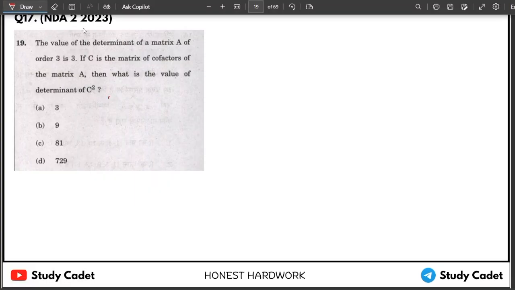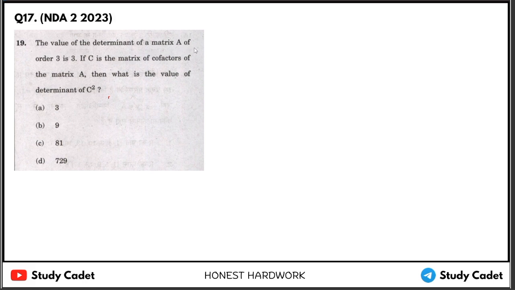Very easy question. The value of the determinant of matrix A of order 3 is 3. If C is the matrix of cofactors, then what is the value of the determinant of C squared? It's a simple formula, we all know that. Determinant of cofactors, do you know that?